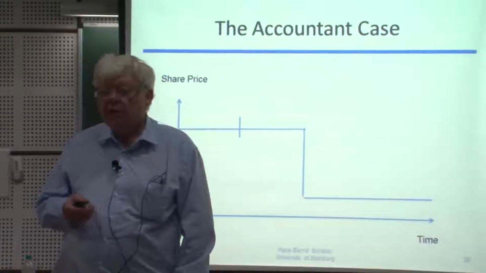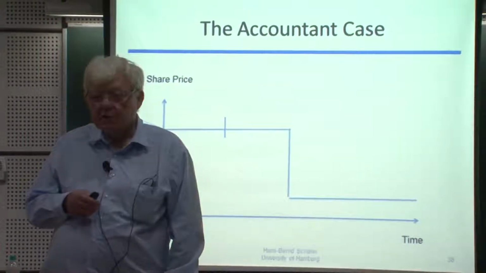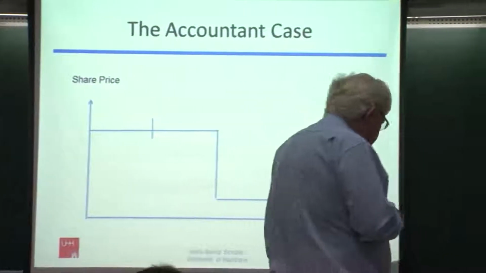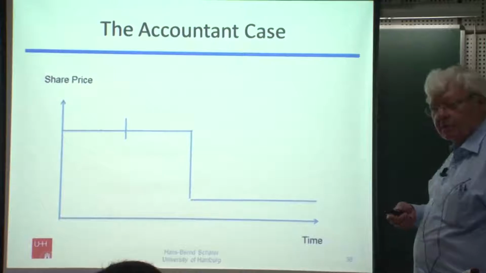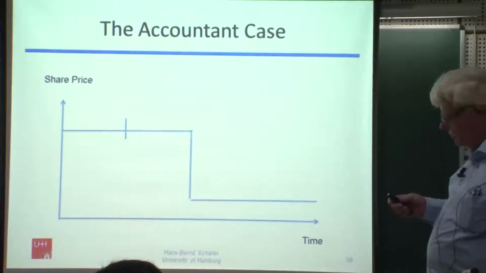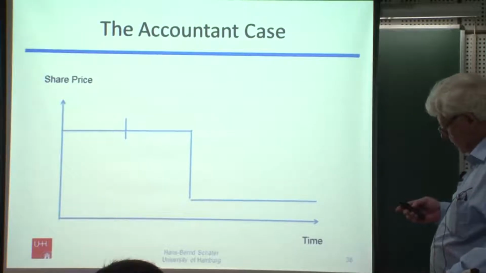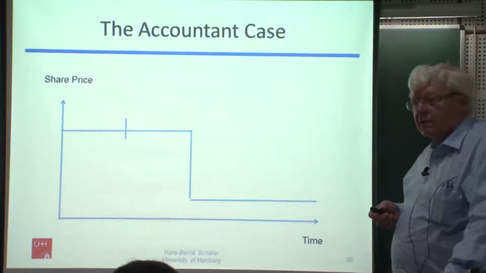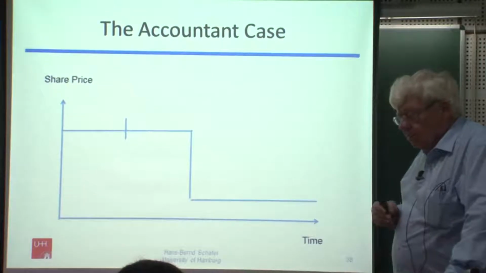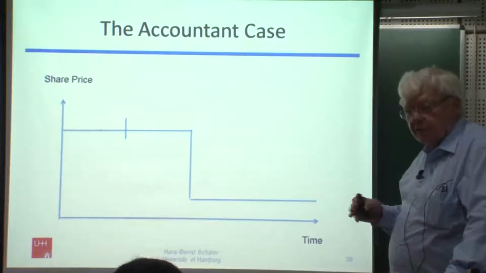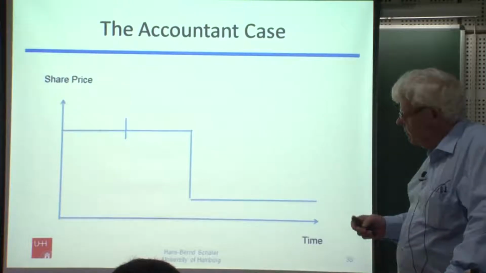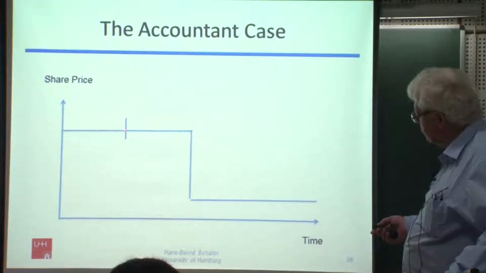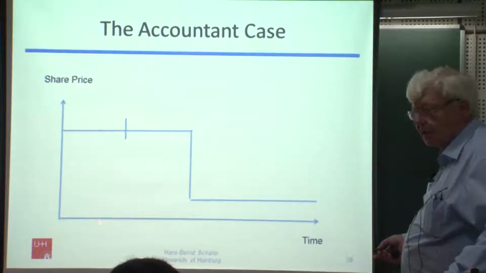I have a couple of years ago written an article, especially on this case, and I give you the way how I argued here. Now, assume that the accountant would not have made this mistake. Then what would have happened? The share prices would have dropped at this point of time, right?